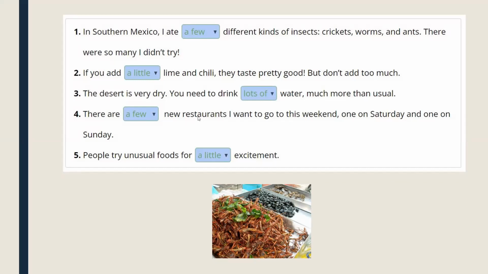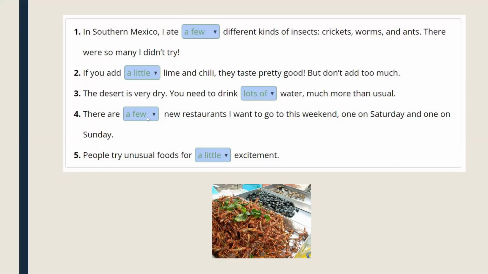So this is something I can count. It's countable. So there are a few new restaurants I want to go to this weekend. One on Saturday and one on Sunday. So I can't say there are many new restaurants.